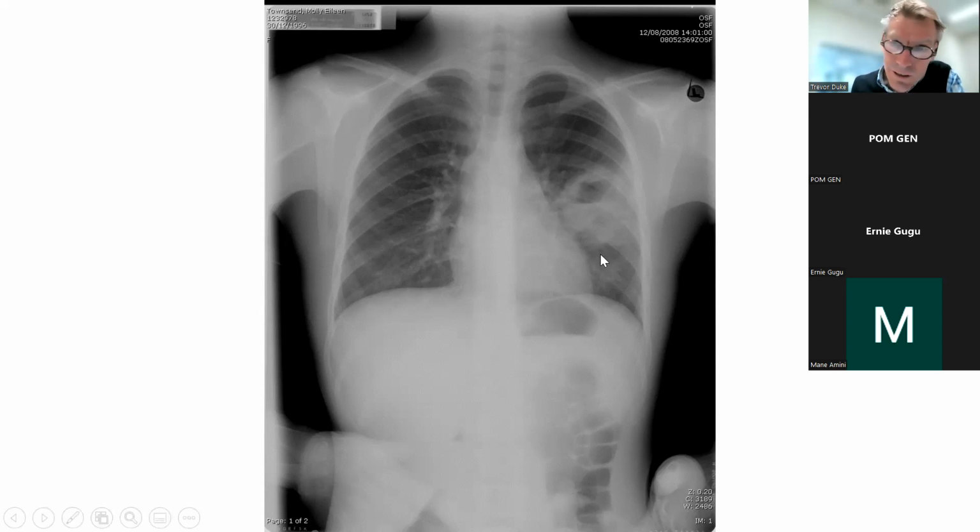You can't say it's in the middle lobe because there's no left middle lobe, but it's in the mid-zone of the lung. It doesn't involve the lower lobe because you can see the left hemidiaphragm, and it does involve the lingula because it's a bit obscuring the left heart border. All right, so it's in the mid-zone of the left lung. You can see this homogeneous opacity. And what do you think that could be, Benji?